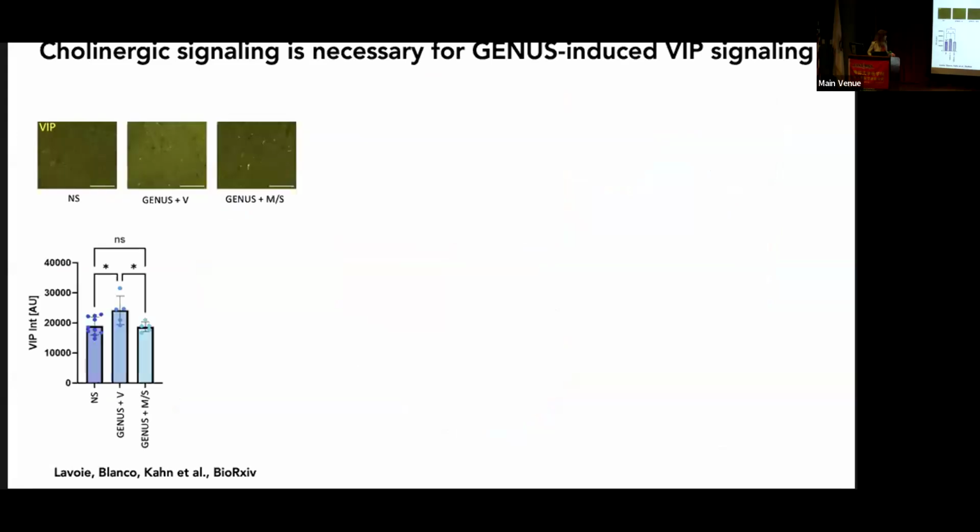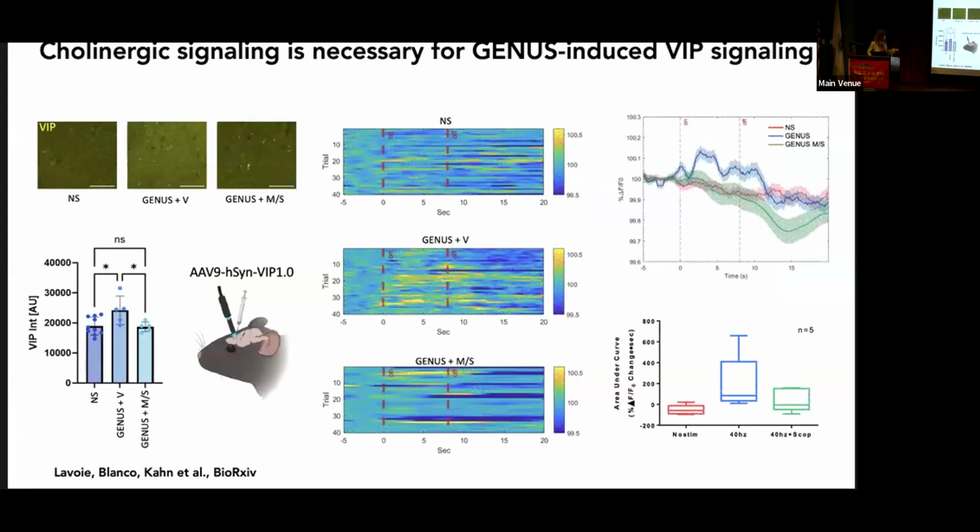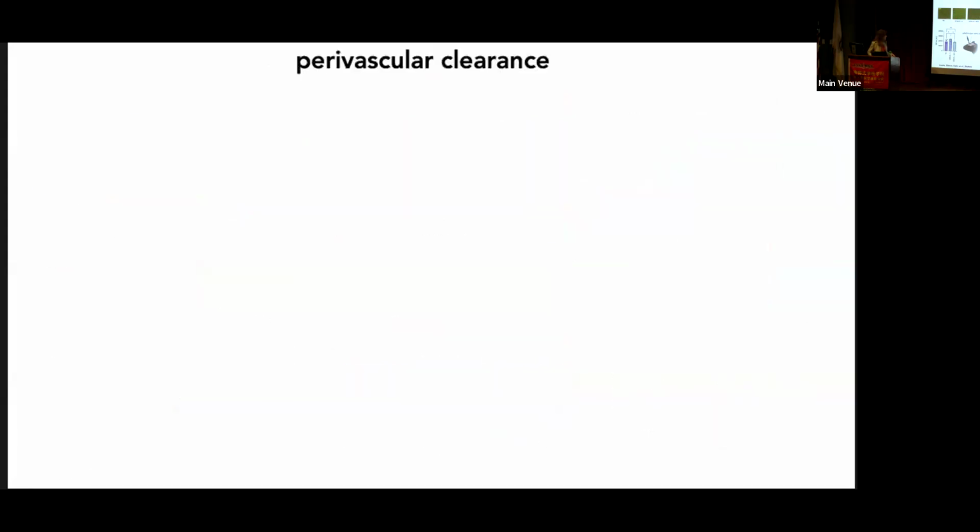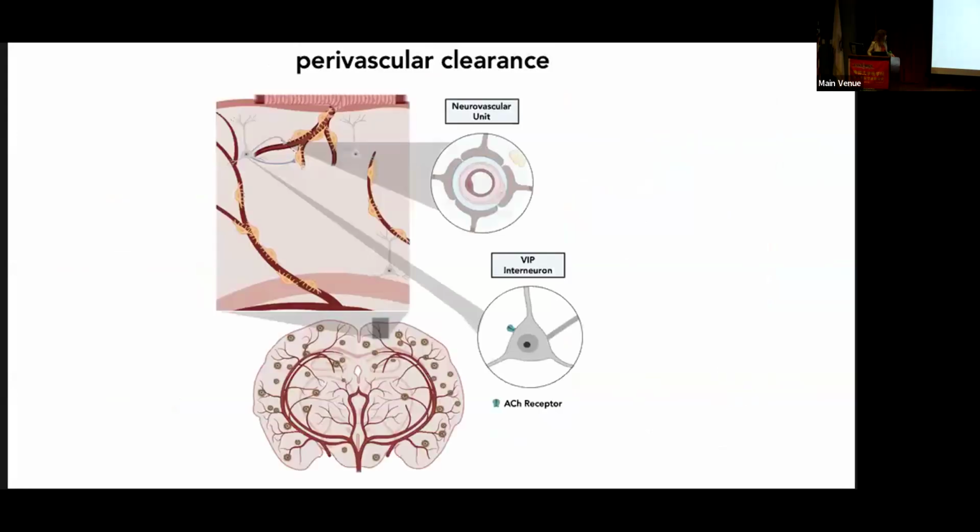When we block cholinergic signal, the increased VIP release is also completely blocked. So we used several different techniques to demonstrate that cholinergic signaling is necessary for VIP release.